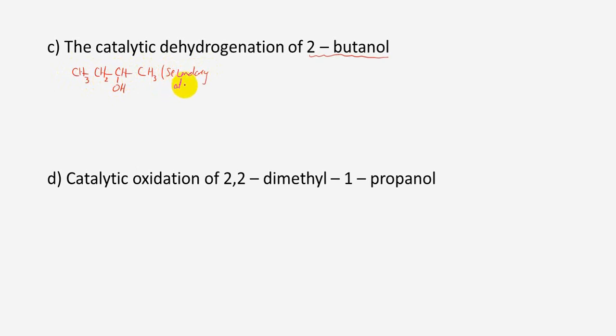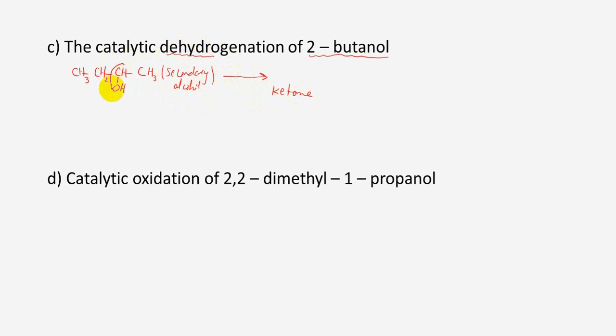alcohol. Secondary alcohol, when it undergoes catalytic dehydrogenation, directly changes into a ketone. Secondary alcohol changes into ketone.